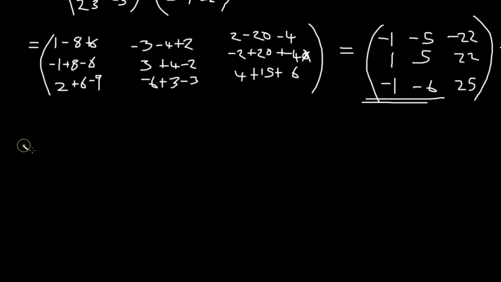So our question 5, we're just adding AB with B. So our AB is, so the question is AB plus B. So AB plus B, my AB is what I just found here. So this is AB.